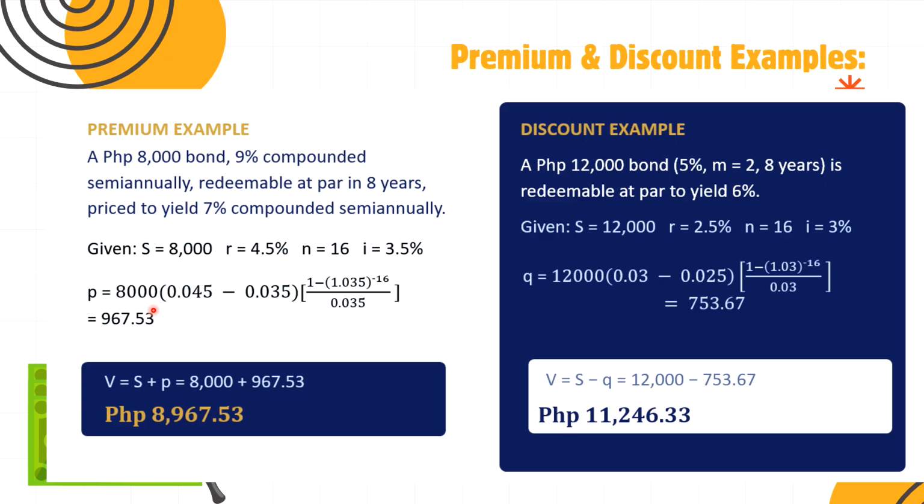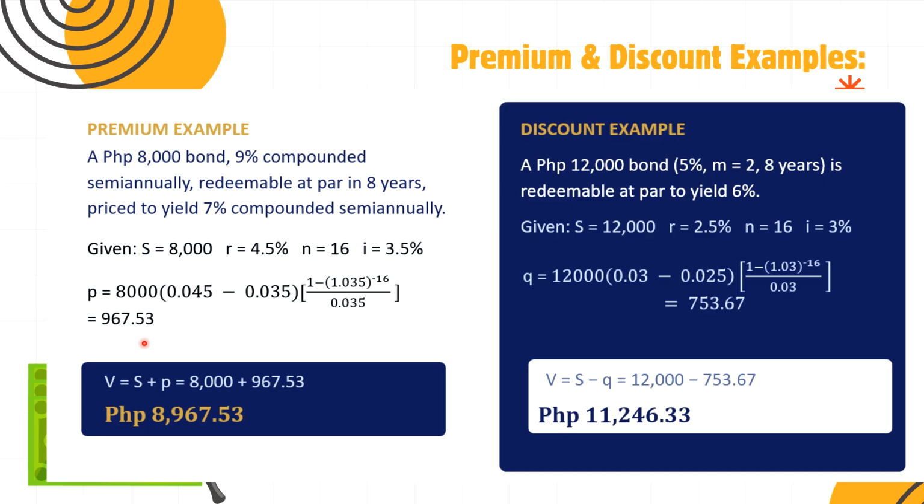So, 8,000 multiplied by 0.045 minus 0.035 multiplied by 1 minus 1.035 raised to negative 16 over 0.035, and that would be equal to 967.53.